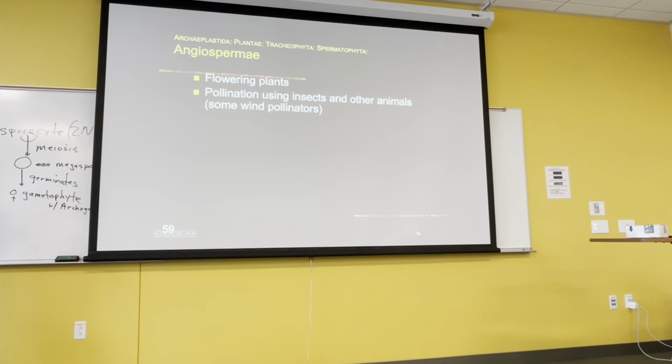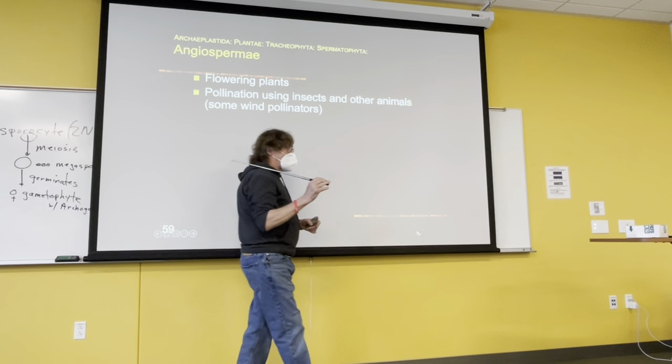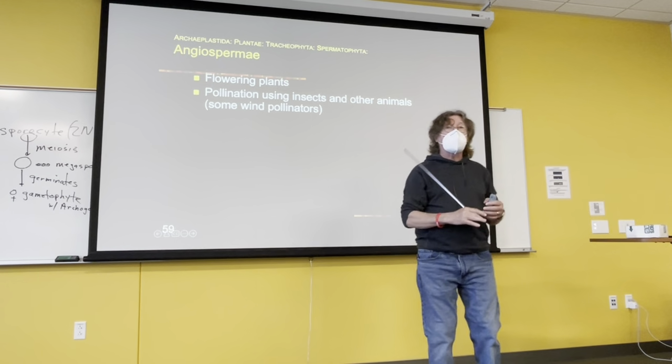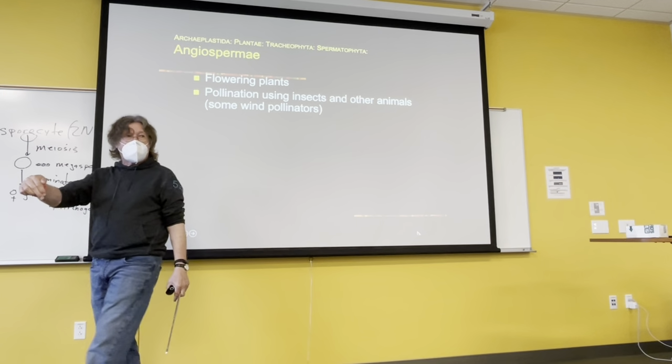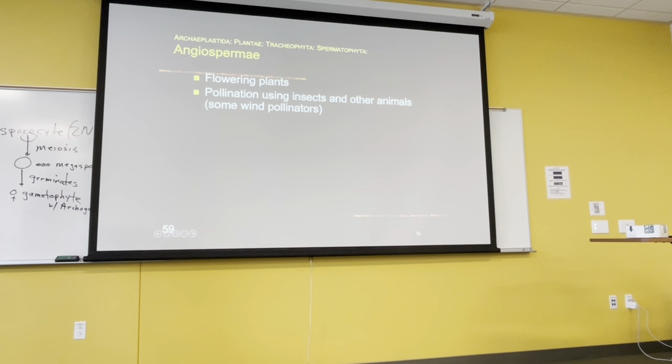Their relationship with these pollinators means that it's economical for them, because now they don't have to produce tons and tons of pollen, okay? Because now it's more directed. A bee will come to a flower, and as it's trying to get to the nectar at the base of the flower, it'll rub against the anthers, pick up pollen, and usually go to another flower of the same species. And therefore, it's more direct delivery of the pollen.